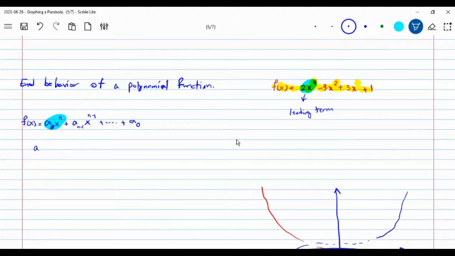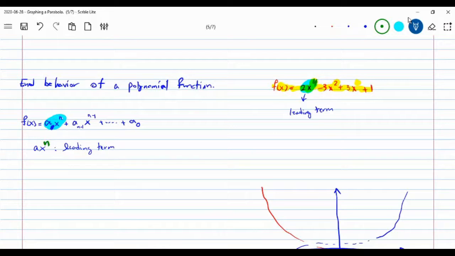Normally there is an n, but I'm going to stay with ax to the power n as the leading term. This n is called the degree of the polynomial. It's the largest exponent. Here, 4 was the degree of the polynomial.